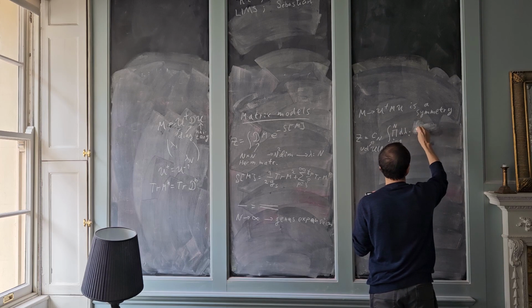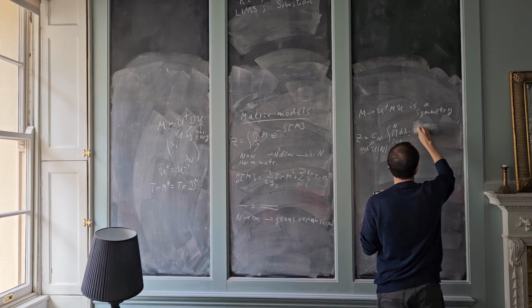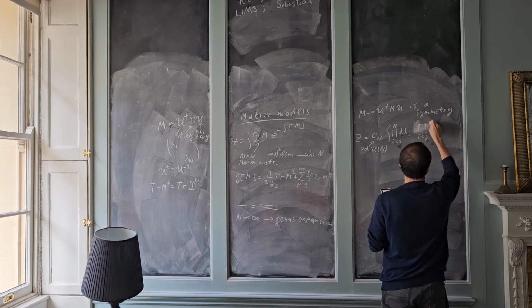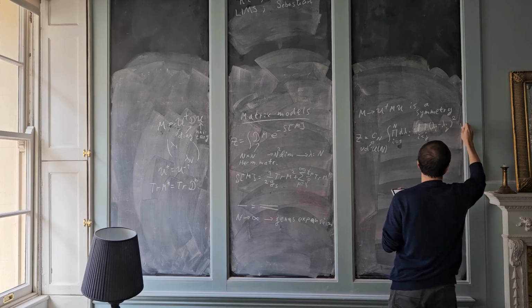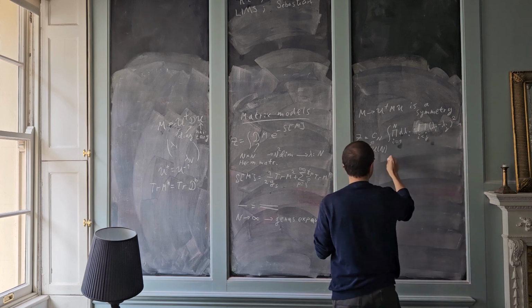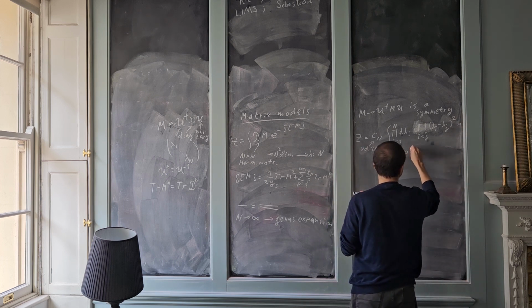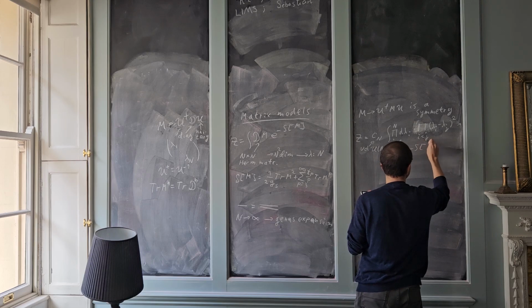So this is one thing. Then the product over i less than j. Let's write it explicitly: lambda i minus lambda j, squared, times e to the minus S evaluated on the diagonal matrix, so minus S of lambda.